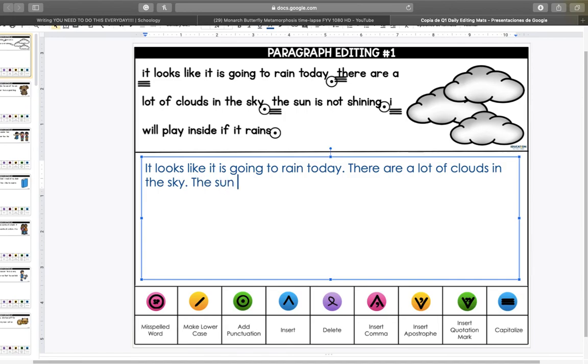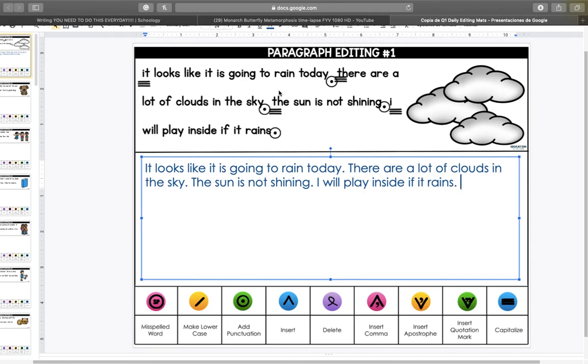The sun is not shining. Period. You don't need a space right there. It needs to be close to the last letter. And like I said, I needs to be capitalized. I will play inside if it rains. Period at the end of the sentence, of course.